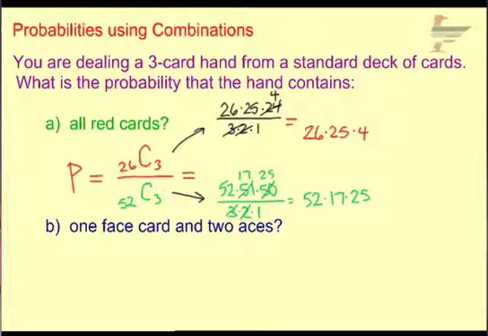So we're looking at, here's our numerator, 26 times 25 times 4 over 52 times 17 times 25. Now if we can do any reducing between the top and the bottom, these 25s are going to cancel out right away. And now 52, well, I know 4 goes into 52 13 times.